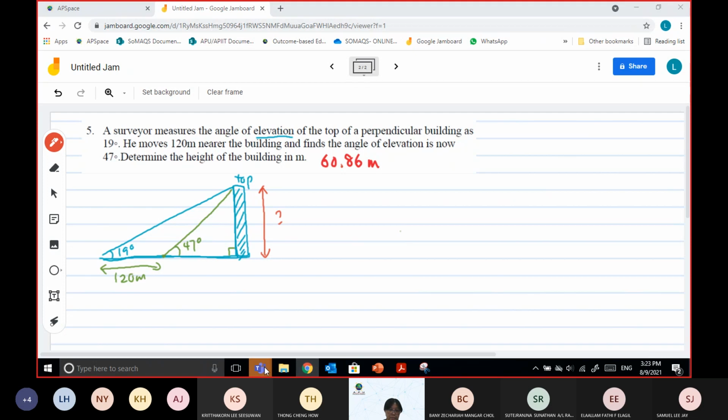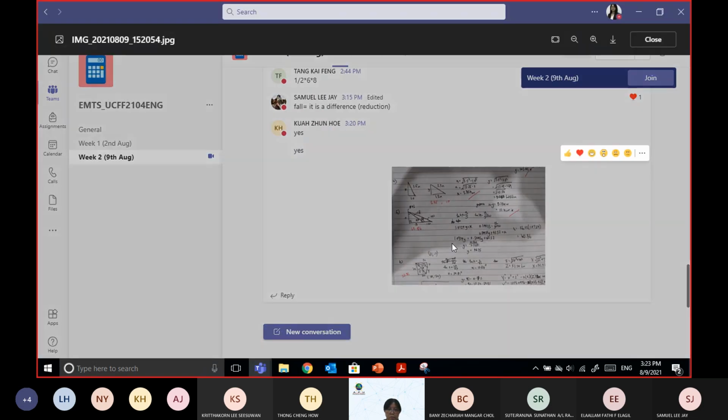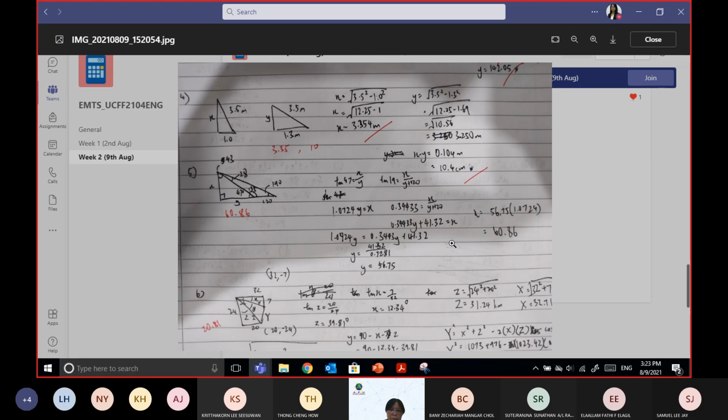Okay, so let me see the solution. This is number 5, right? Or where is your solution? I'm trying to locate where your solution is.